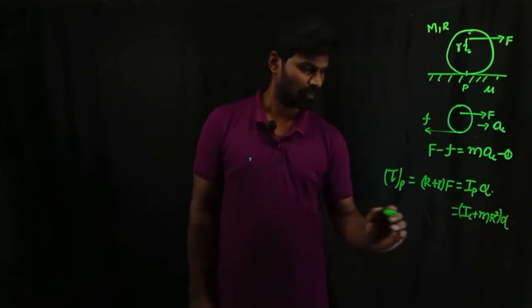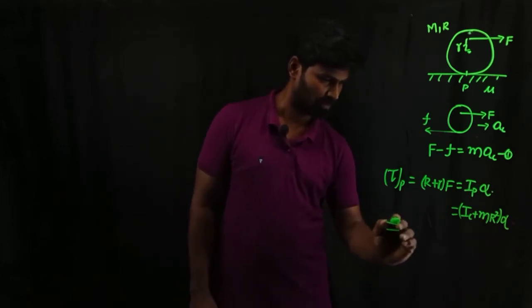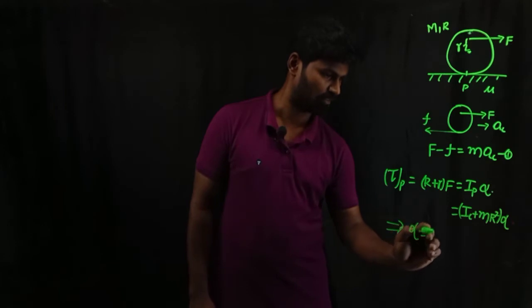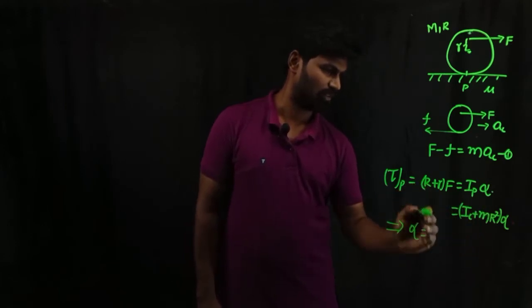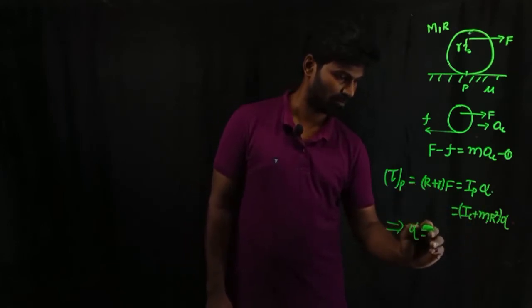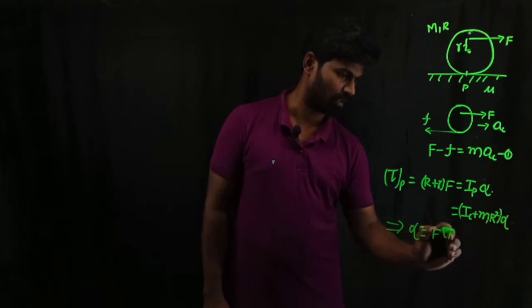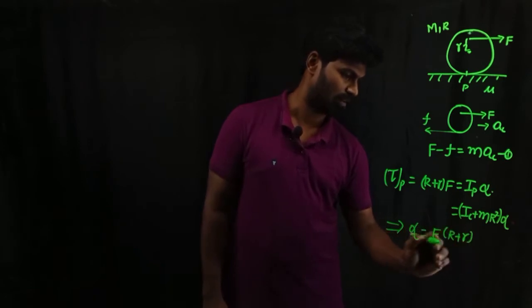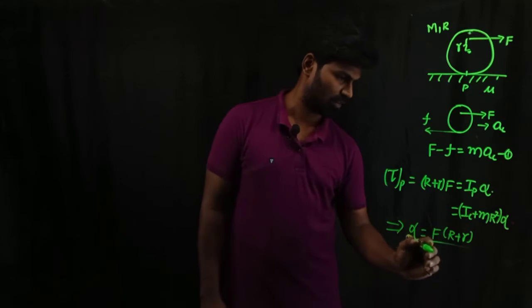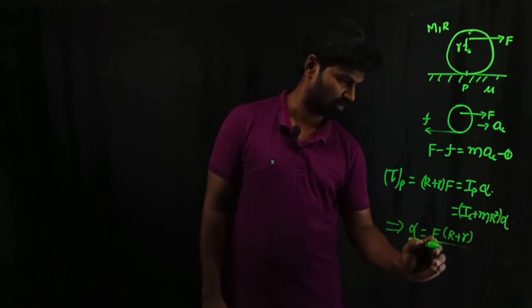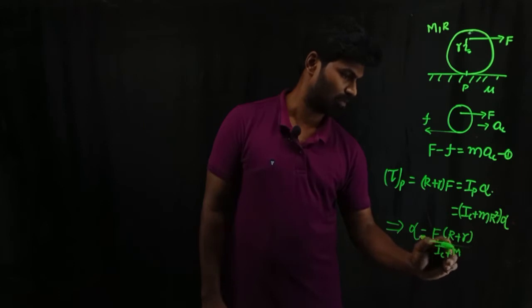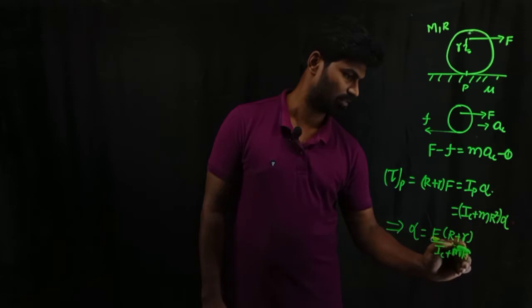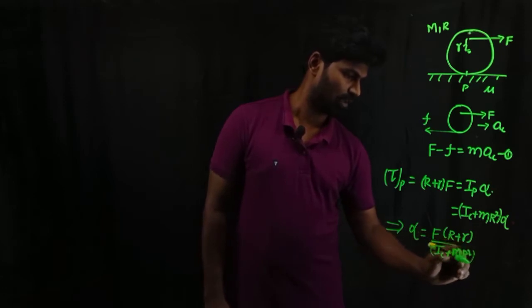This implies alpha is equal to, sending everything to the right, F into (R plus r) divided by, because it goes to the denominator, I_C plus capital M into R square. This is the value of alpha.